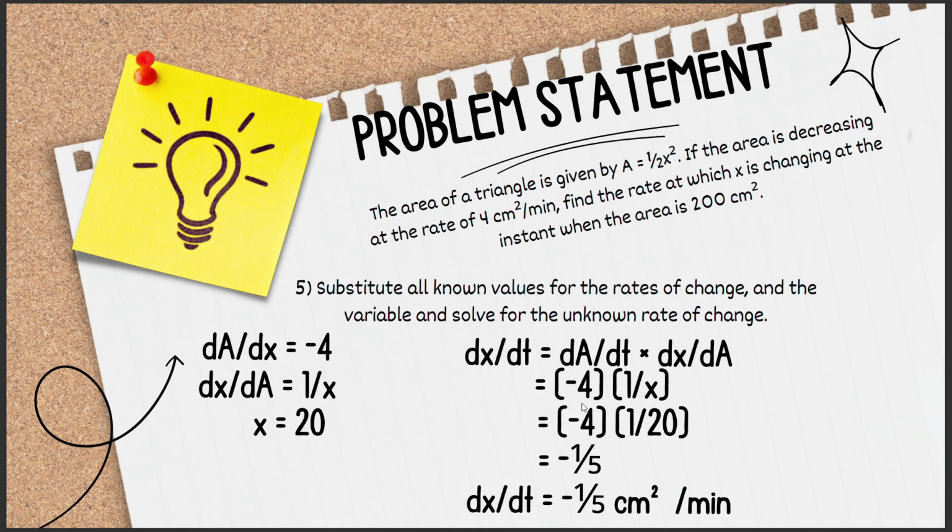We just substitute dA per dt as -4 and multiply by dx per dA, which is equal to 1 over x. And after that, we substitute x with 20, and it will be -4 multiplied by 1 over 20. And we got the answer -1 per 5. And dx per dt is equal to -1 per 5 cm per minute.